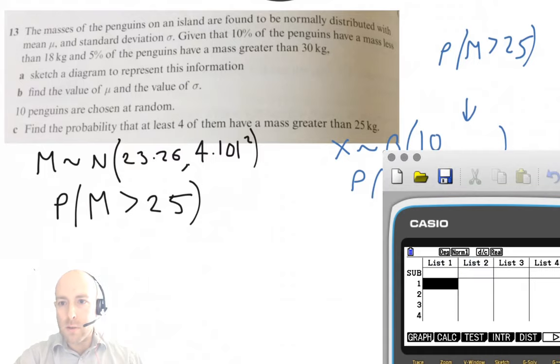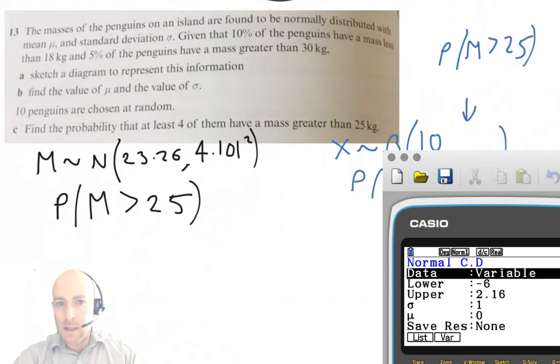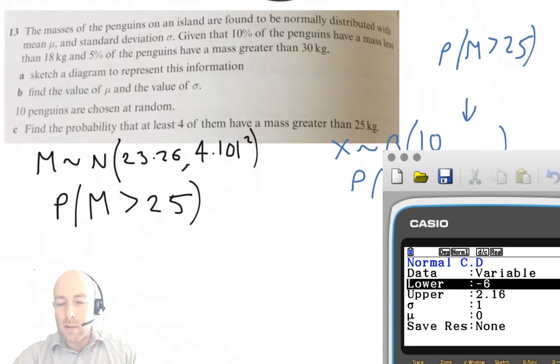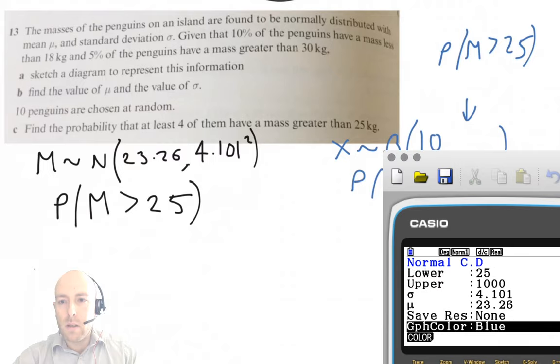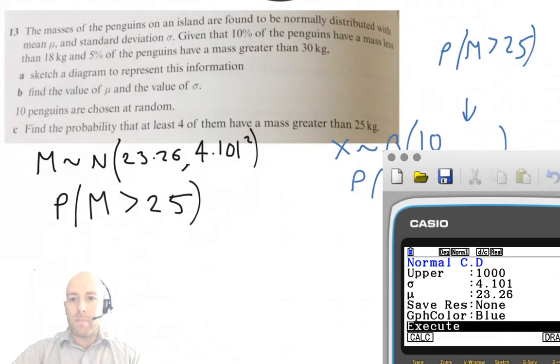So it's a normal distribution. We're trying to find the probability now. So NCD, lower is going to be 25, upper 1,000, that would be a heavy penguin. Sigma is 4.101, and mu is 23.26. Cool, draw it.